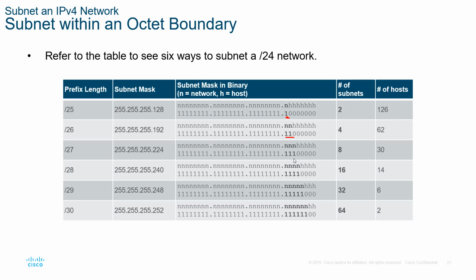Here, the last one is in the 32 position. Here is the 16 position. Here is the 8 position. Here is the 4 position. Again, all we're doing is looking at the last one and subtracting 2. That's how we get our host counts.